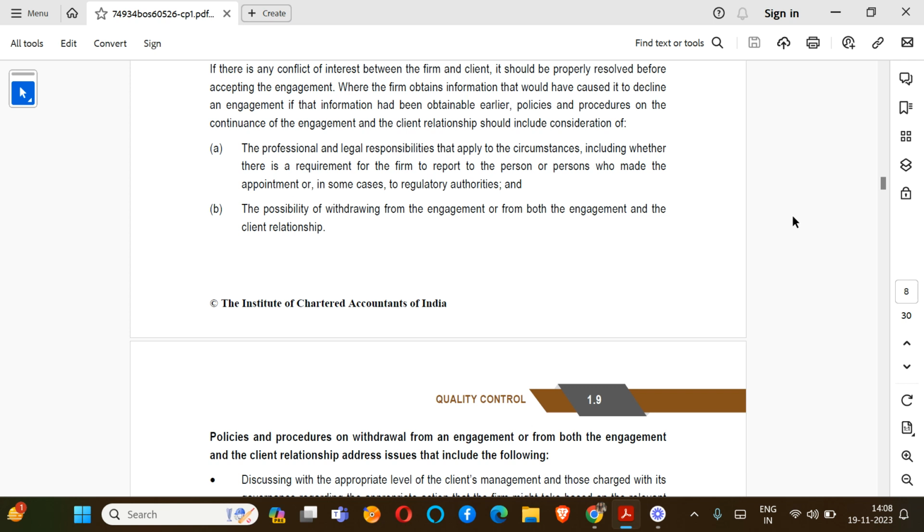The circumstances including whether there is requirement to report to the person, अगर आपको ऐसा लगता है that it is necessary for you to report to that person also, जो client है आपका actually, the management, those charged with governance, if you need to actually convey these things that you found out during the audit to them, तो वो करना पड़ेगा. And then the possibility of withdrawing from the engagement if the need arises.